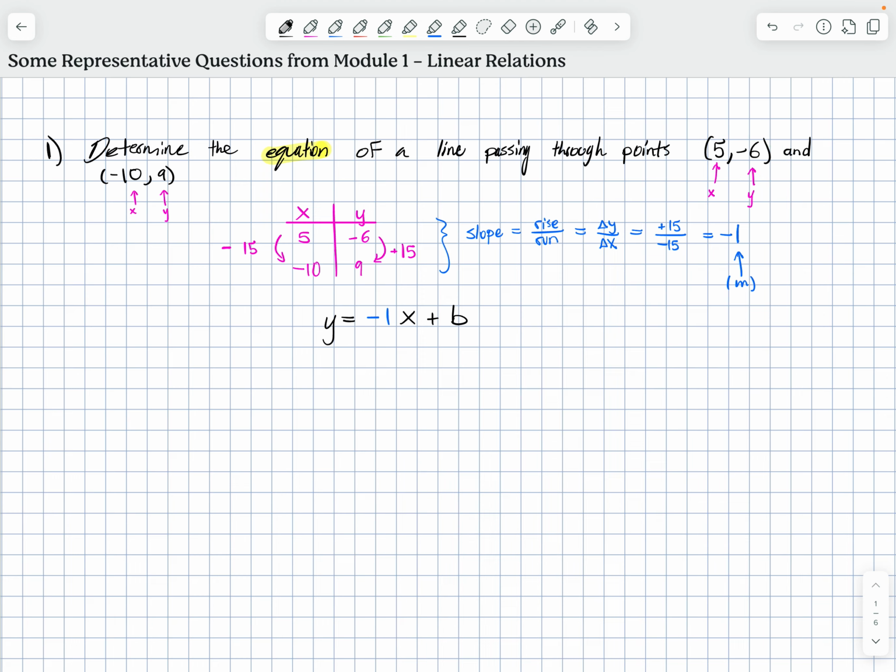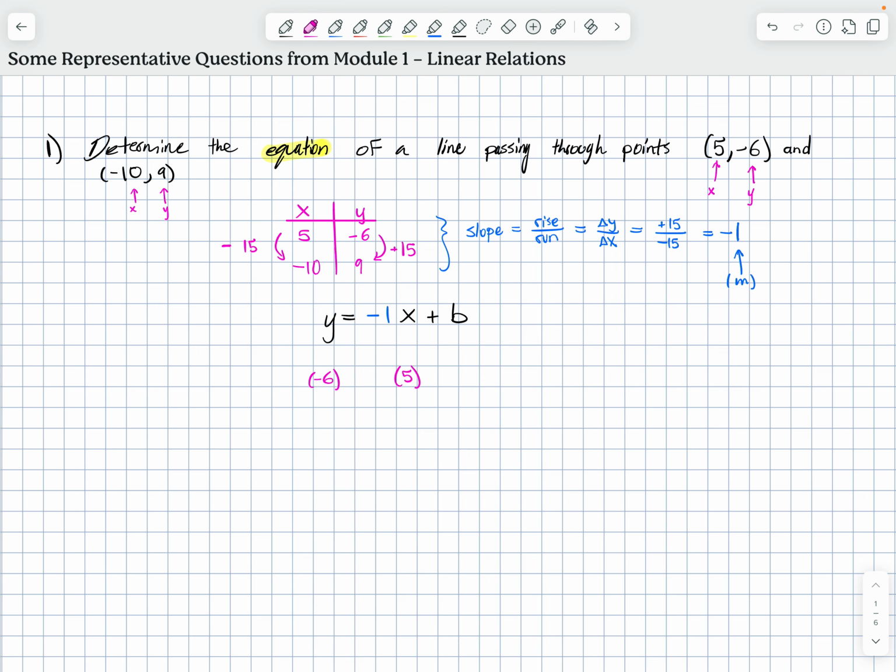And you're just going to replace the x and the y with these coordinates, respectively. So x is going to be 5, and then the y is going to be -6. Everything else stays the same, -1 plus b. Now let me simplify this a little bit. So -6 is equal to -1 times 5, which is -5, plus b.